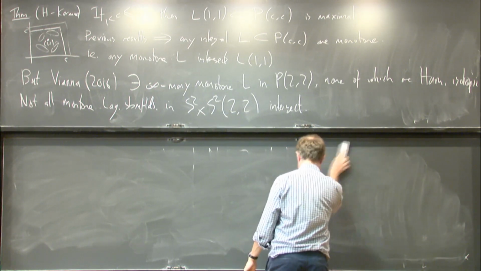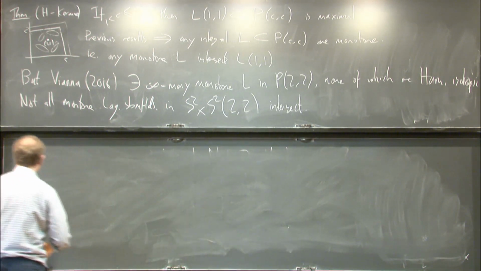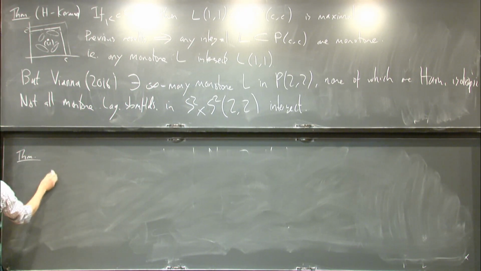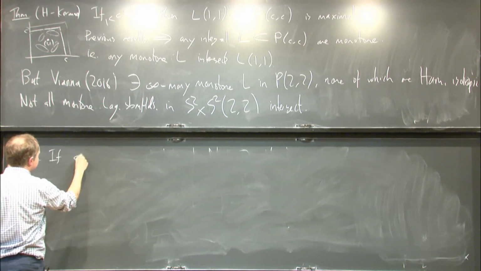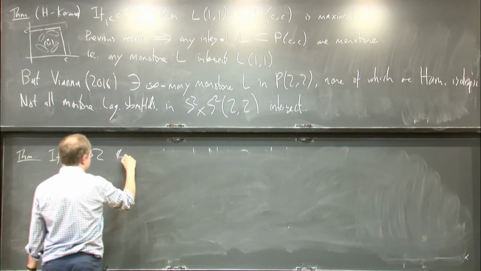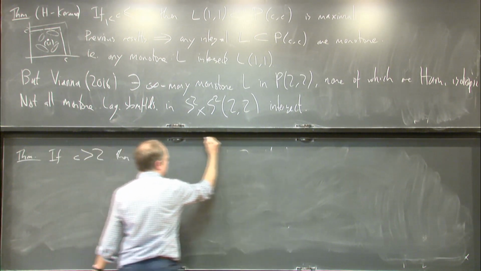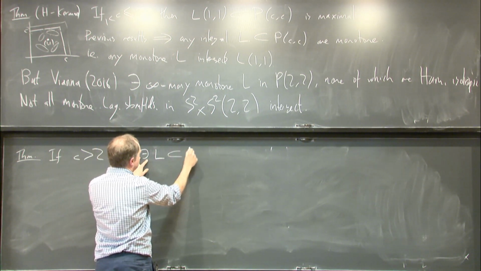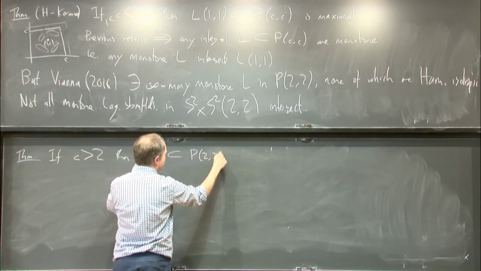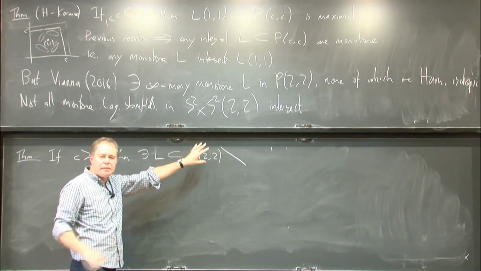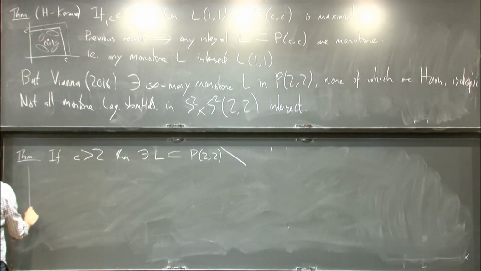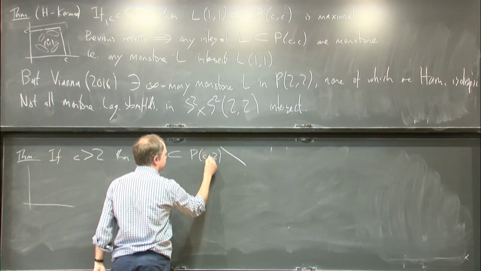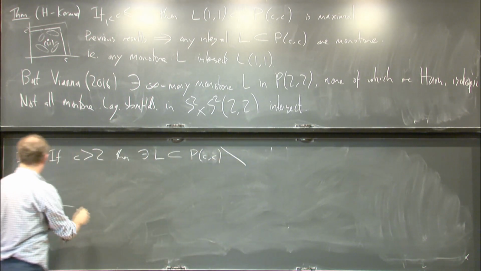Okay, so the other half of this, if C is bigger than 2, then there exists a monotone Lagrangian torus contained in P22, but then it misses... Okay, so C is bigger than 2 actually. So we've got C. So it's 2.